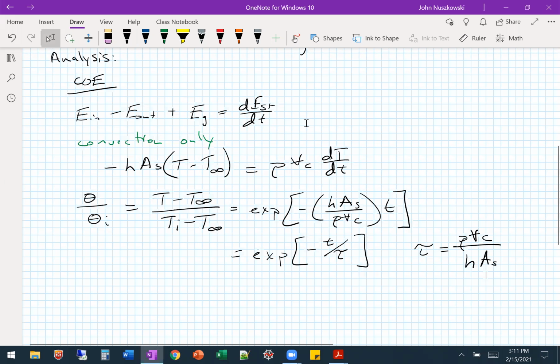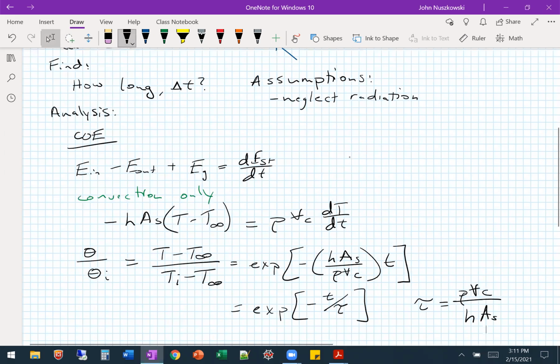To even do this, we're basically saying we have 1D convection in the radial direction and constant properties.